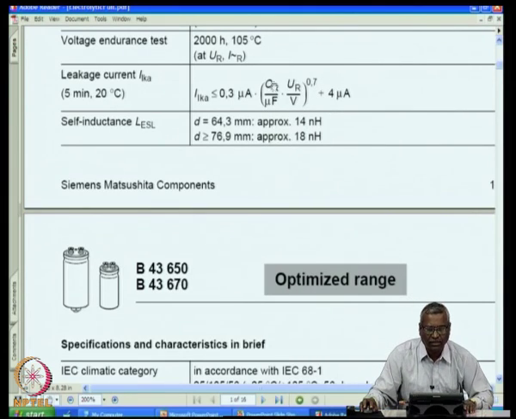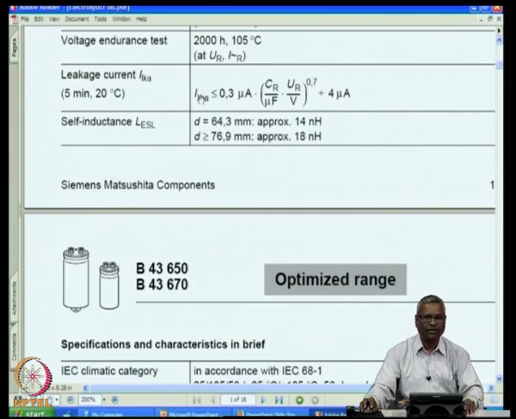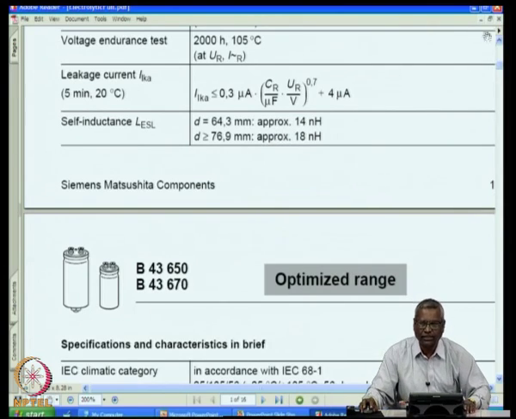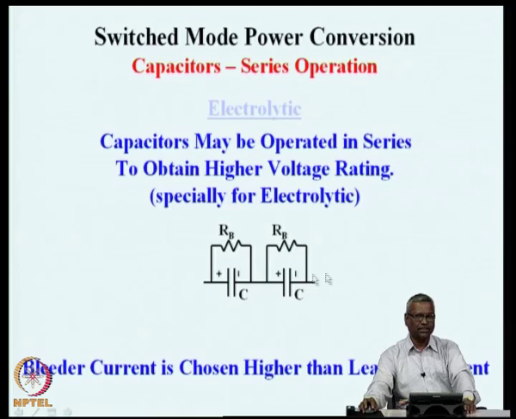When the capacitor value in microfarads, rated voltage and operating voltage are all fitted in, the leakage current will probably be very close to 4 microamperes or maybe a little more than that. This is a small current, and because it is so small, it can give rise to large unbalance in the voltage shared when capacitors are used in series. So, it is necessary to use bleeder resistors across the capacitors to make sure that voltage sharing is proper.